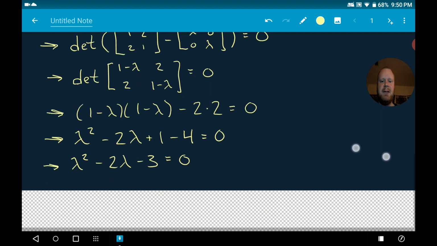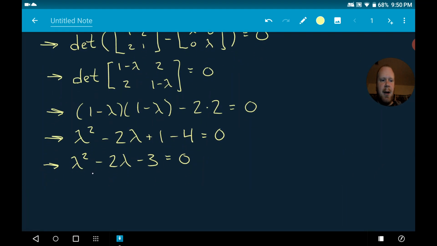Now we have this equation here, and we can solve for lambda. These lambda values that we get from this are going to be our eigenvalues. So we'll just proceed like we normally do to find lambda. I do want to pause here and introduce some vocabulary.